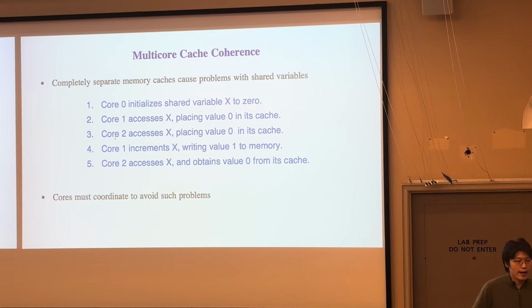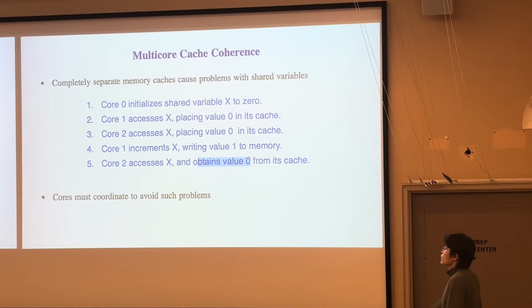So this is an explanation of the example. Core 0 initializes a shared variable x to be 0, and core 1 accesses x and places a value 0 in its cache. Core 2, because it shares this variable, also places a value 0 in its cache, but then core 1 increments x, writing 1 in memory, and core 2 accesses x and obtains 0 from its cache.